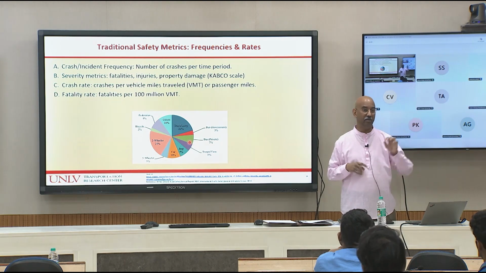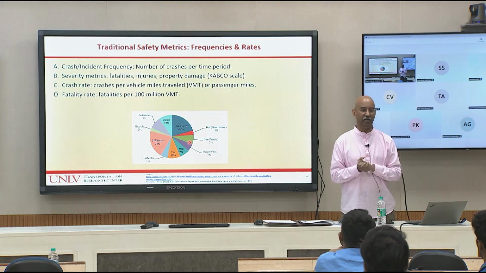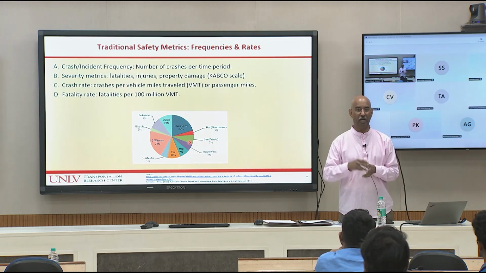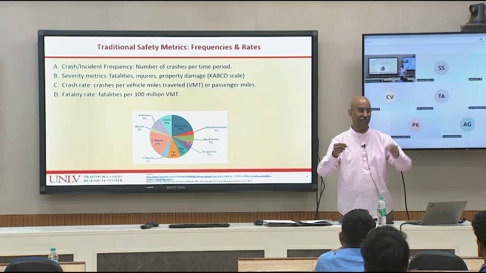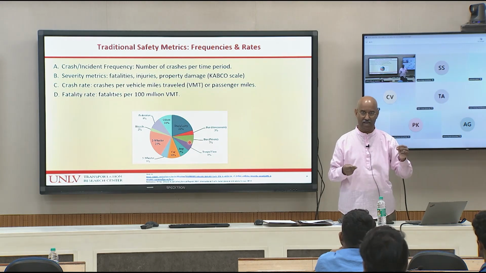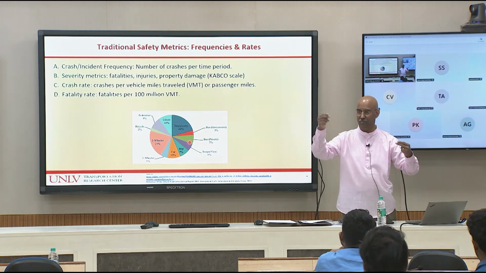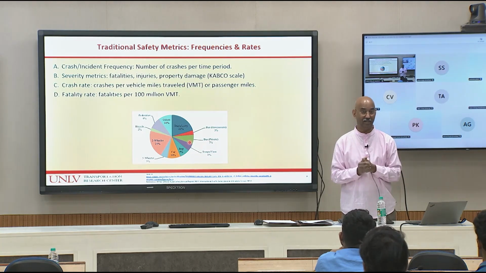District A had 10 crashes for, let us say, 1 lakh trips. District B had 20 but for 10 lakh trips. So you have 20 divided by 10 lakhs versus 10 divided by 1 lakh. 10 divided by 1 lakh is a larger number than 20 divided by 10 lakhs, right.